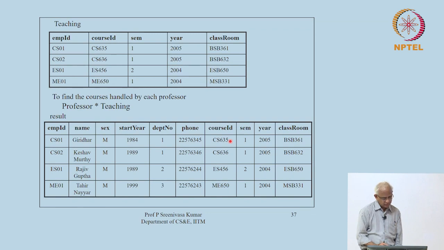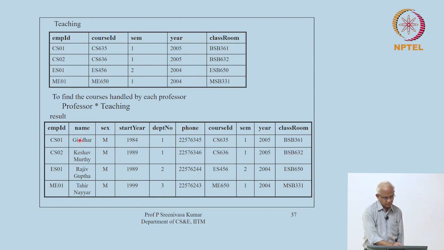If you want, we can go back to that professor table that had employee ID. So professor has employee ID, name, sex, start year, department number, phone; these are the attributes of professor. And now in the teaching relation we have employee ID, so a natural join occurs, and we get the details.